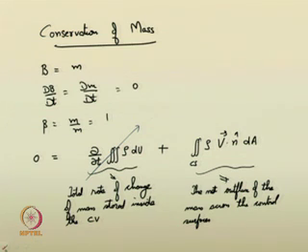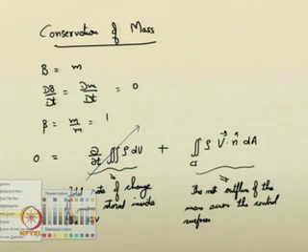You can now easily suggest that the net outflux of mass across the control surface of the control volume is equal to 0.